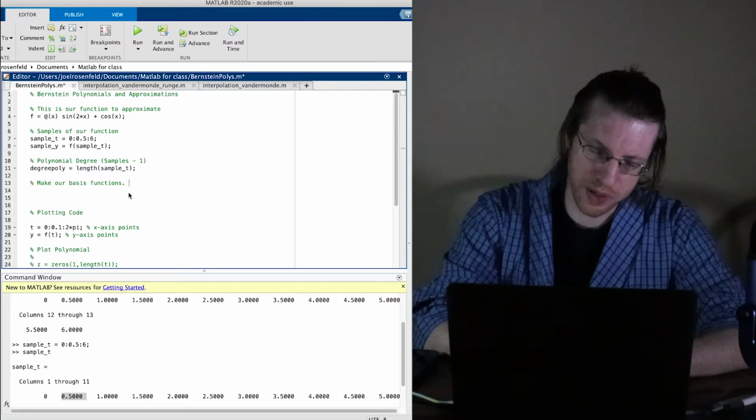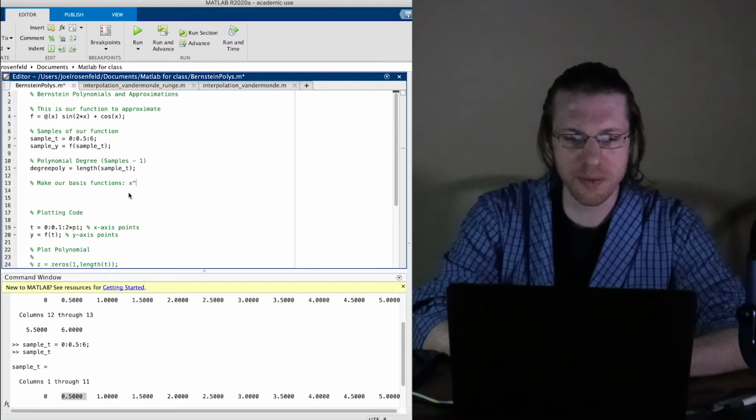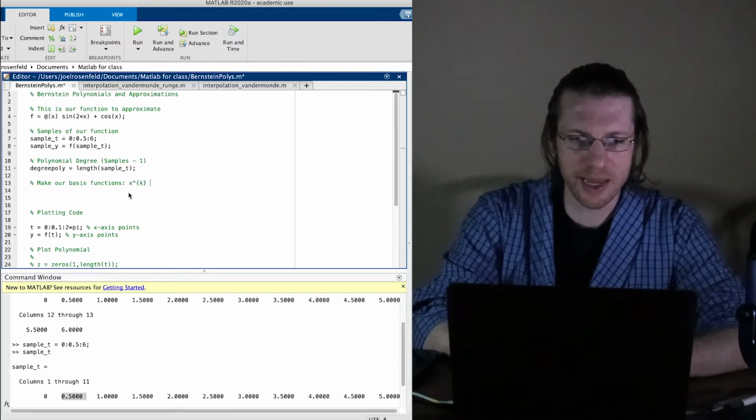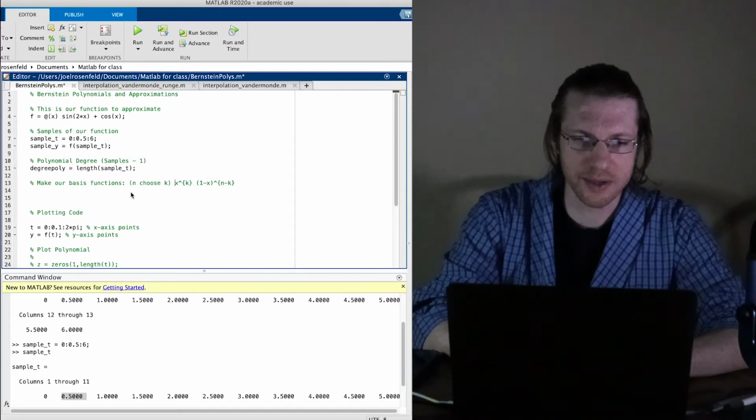What we're going to need to make is x to the k times 1 minus x to the n minus k, and then we need to multiply this by n choose k, that's n factorial divided by n minus k factorial times k factorial on the bottom.